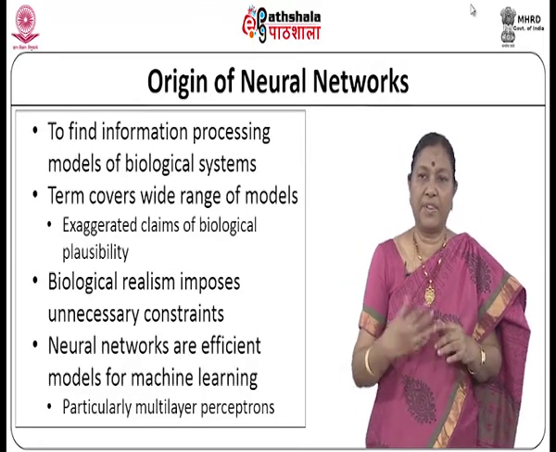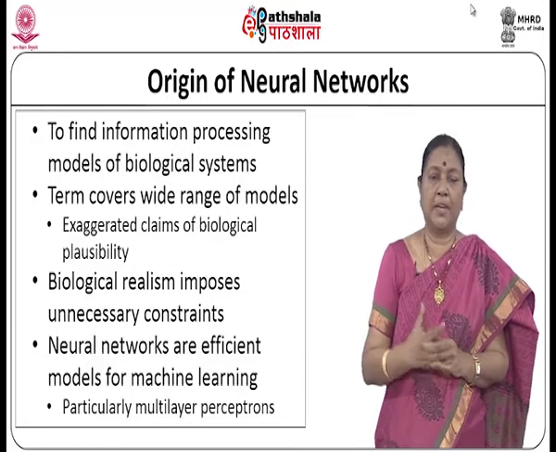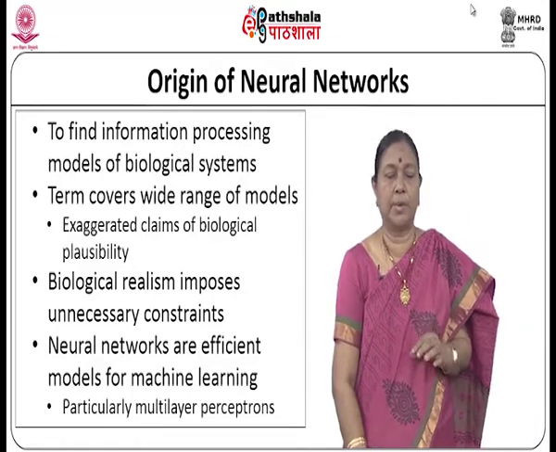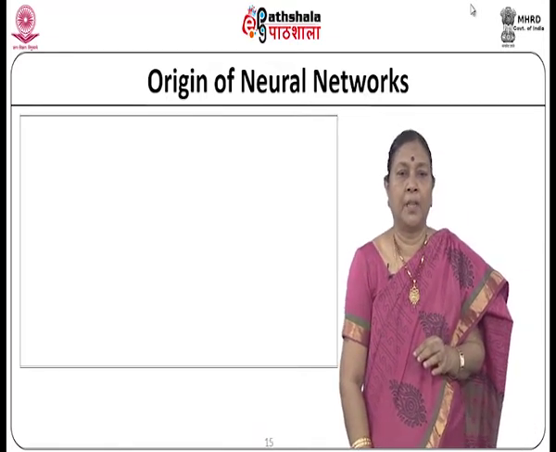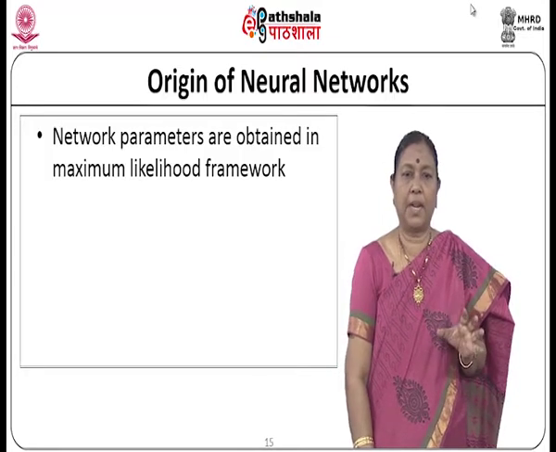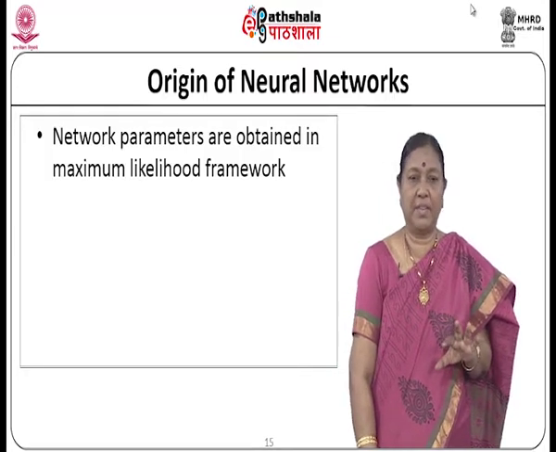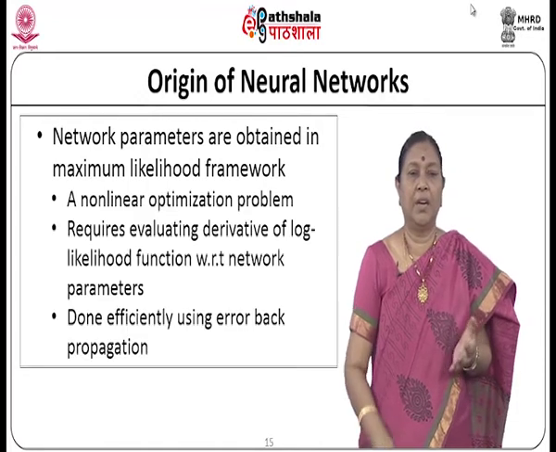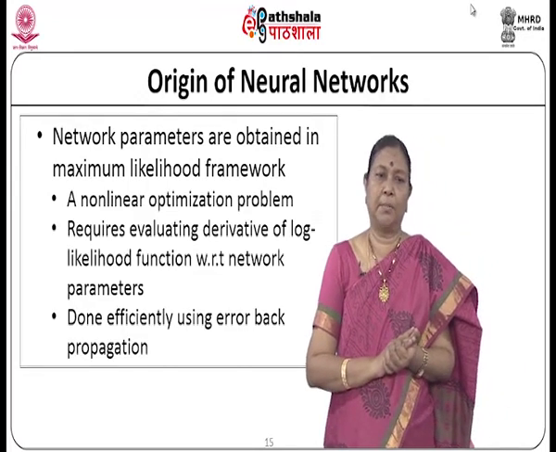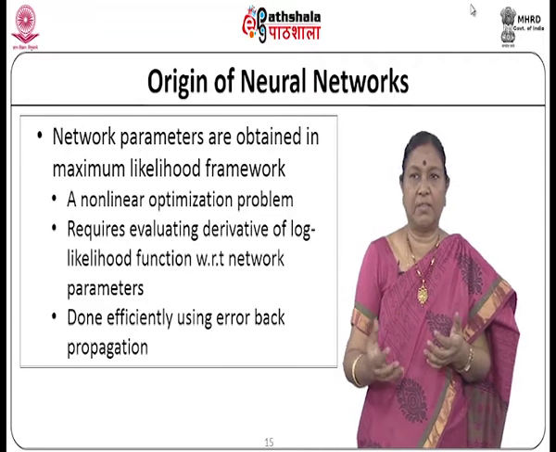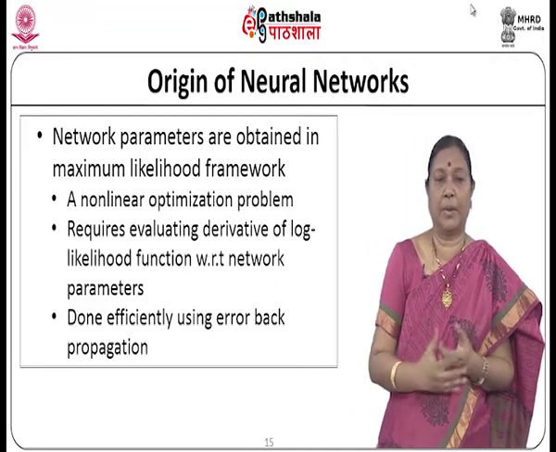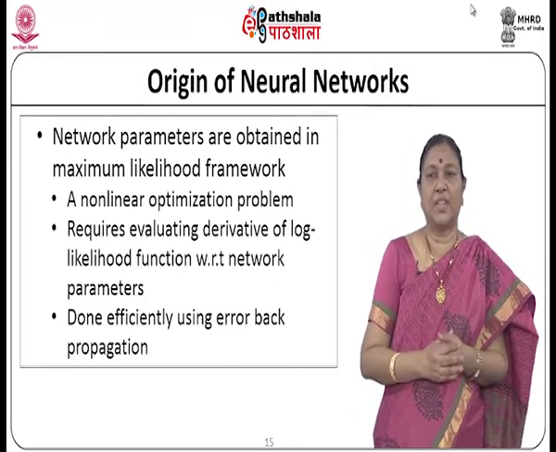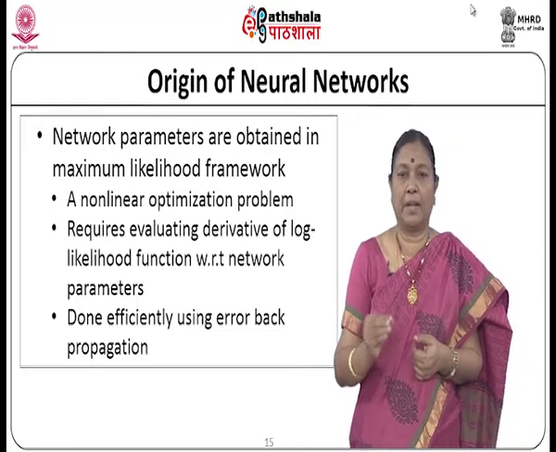Neural networks are efficient models for machine learning, particularly multi-layer perceptrons, which we will be seeing as we go along. Network parameters are obtained in a maximum likelihood framework, we will come to that again. It is a nonlinear optimization problem, and it requires evaluating derivatives of the log likelihood with respect to network parameters, and this is done efficiently using error back propagation.